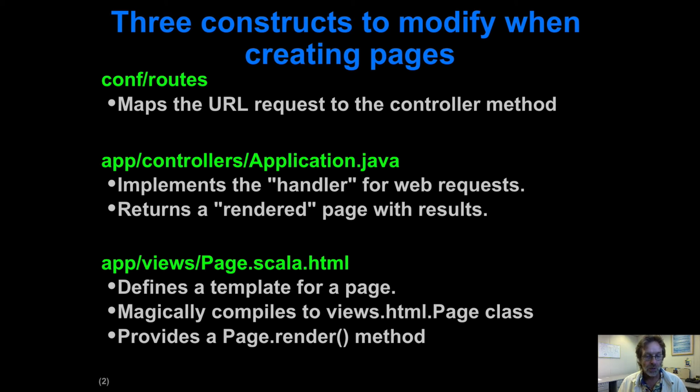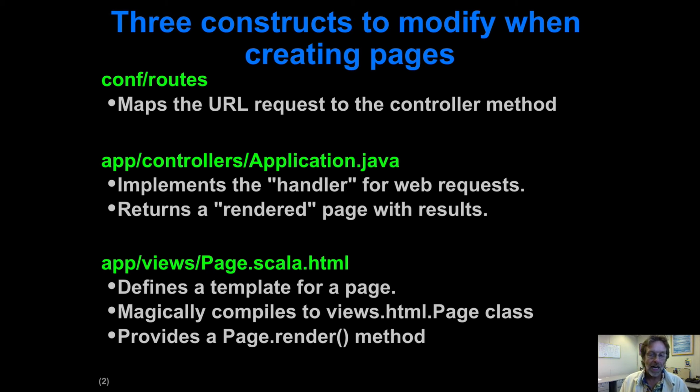So if I define a file called page.scala.html in the views directory, the Play system, when the compiler is invoked, is going to magically, and I say that word advisedly, magically, because as a Java programmer, we don't know how the heck it does this, compile that template, that page.scala.html file, into a Java class in the views.html package with the same name.